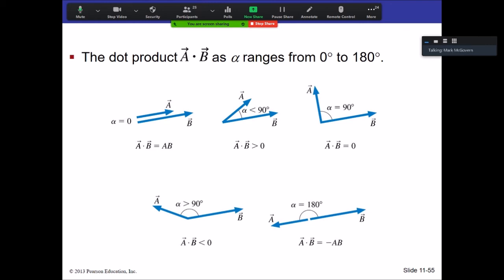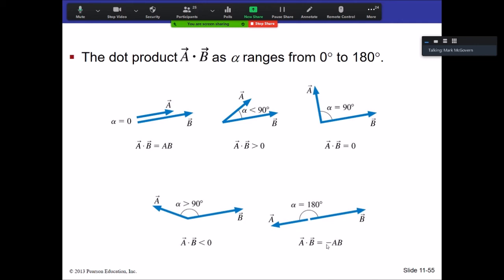If your vectors are aligned, your dot product is just the product of the two magnitudes. If you have an acute angle between them, it will be some positive value for the scalar. If it's perpendicular, it's 0. If it's an obtuse angle, it's negative. And if it's a straight angle, or 180 degrees, it's just the product of the two with the negative sign.